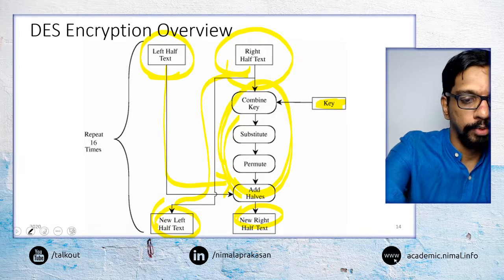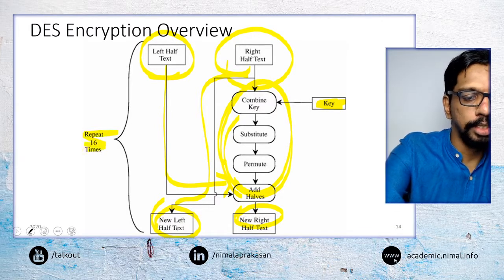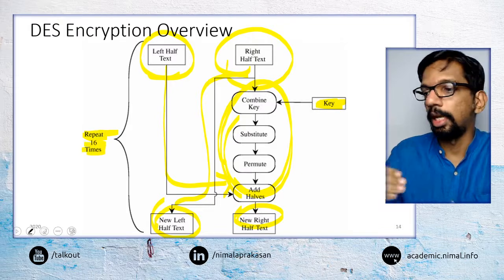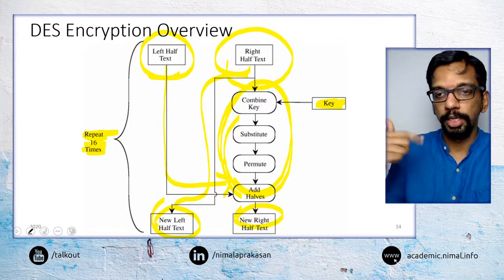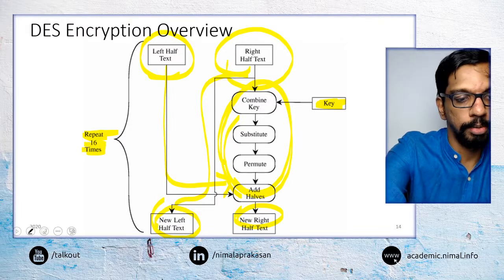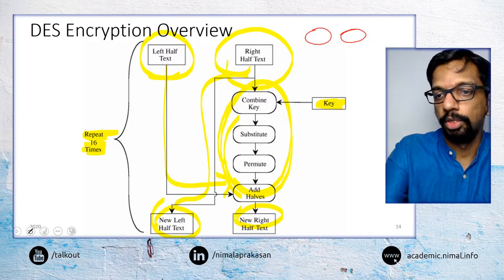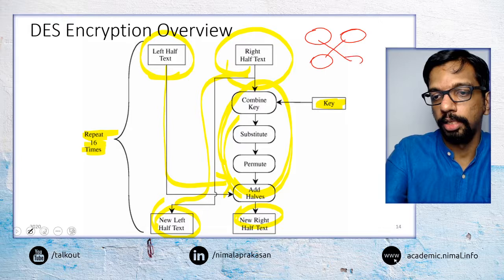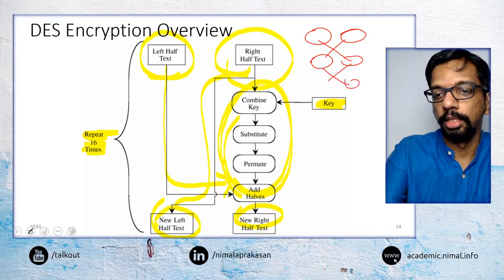One of the main things is that we will repeat this operation 16 times. We may start with two parts of the message. They will go like this, then they will go like this.